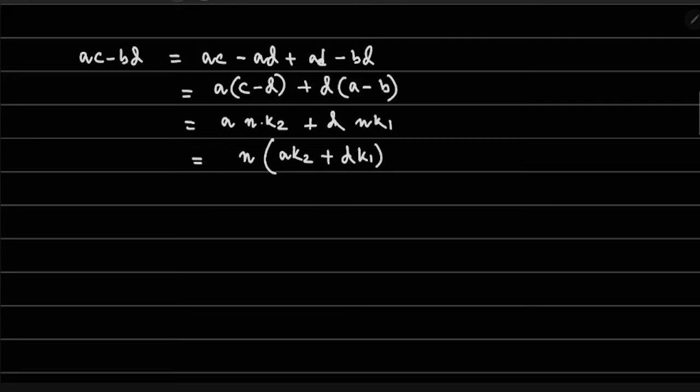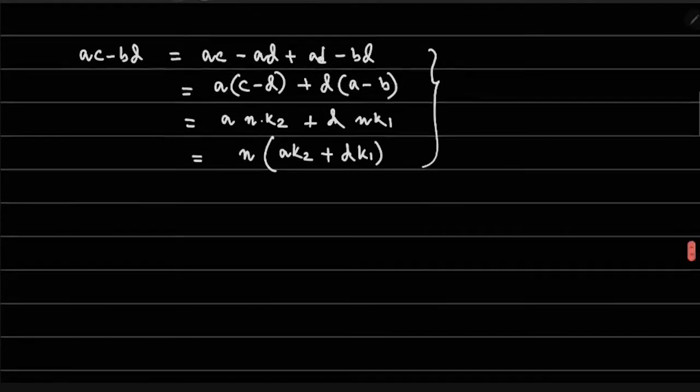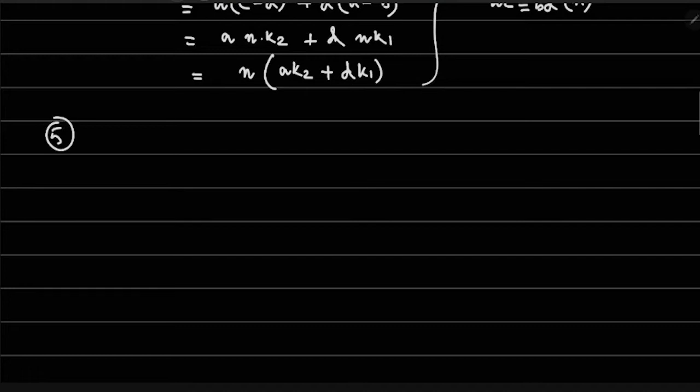That means AC minus BD is also a multiple of n, and that will lead us to the conclusion that AC is congruent to BD mod n. So far so good.